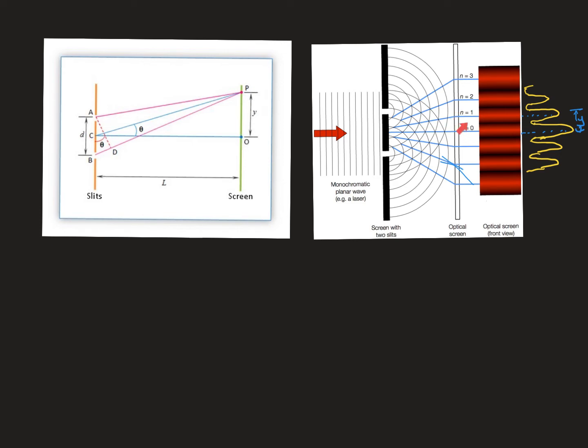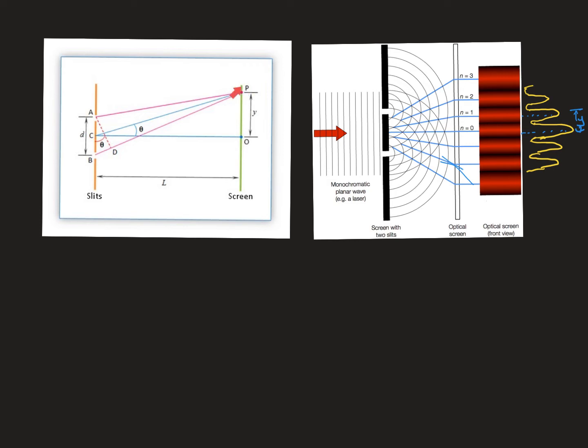By measuring this distance, we will be able to find the wavelength of the wave. So this experiment has lots of dependent and independent variables, and we can find the dependent variables by using this experiment. So this is the screen with two slits, and this is a screen where we see the result of the constructive and destructive interference.